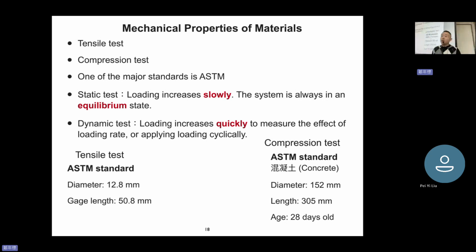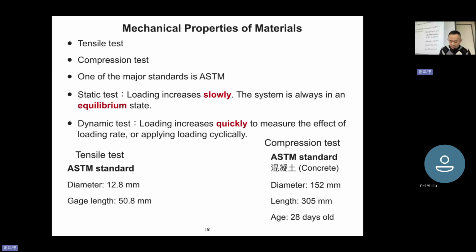And let's see. For example, you see the building. Our human being weight is not significant, right? So if we consider the building safety, we typically just say the weight of the floor itself, or some big machine or big cars, stays there, and then we just do the design.